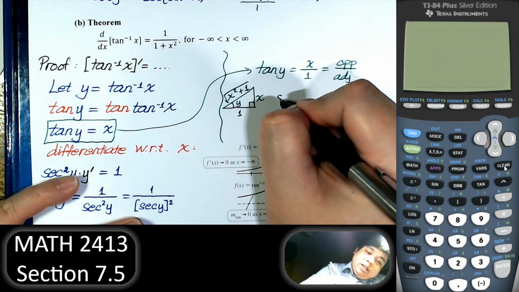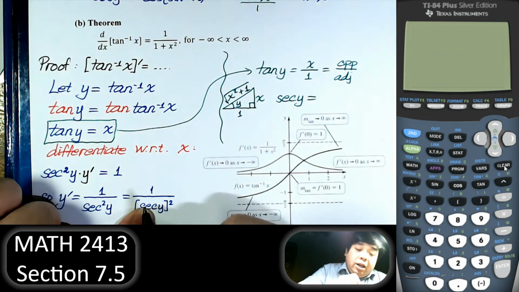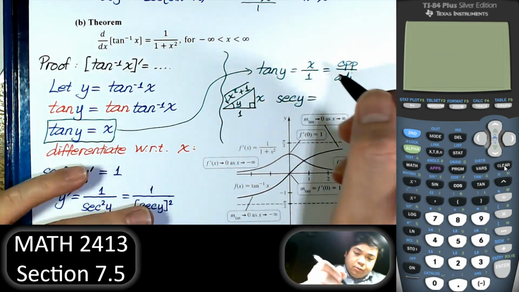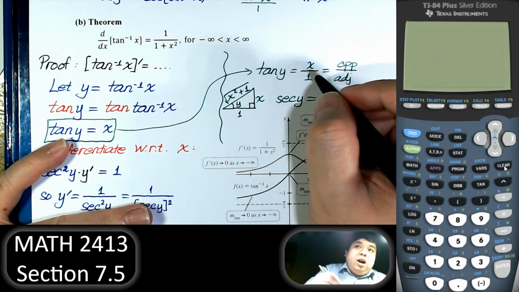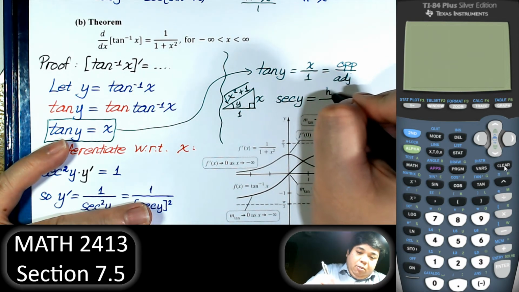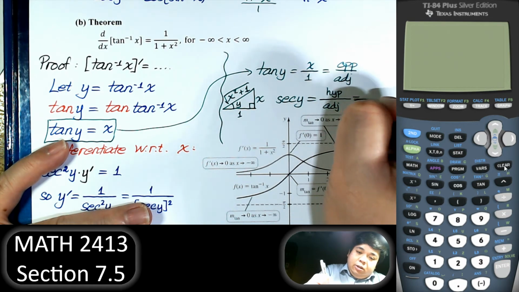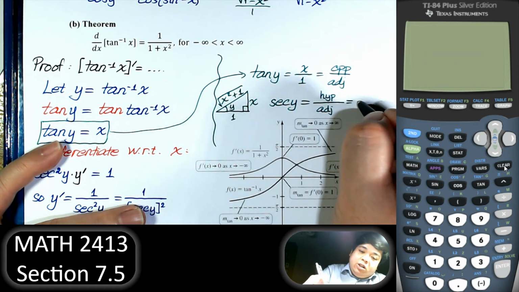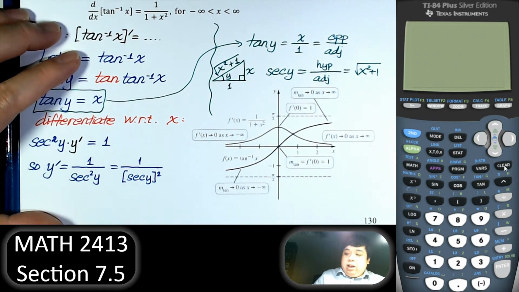Then we will write secant of y, that's what we want. Secant is going to be equal to 1 over cosine, so hypotenuse over adjacent. That's just square root of x squared plus 1. So I put that back in here.